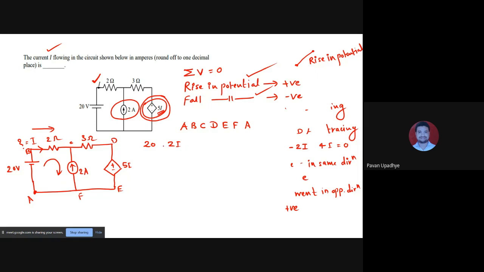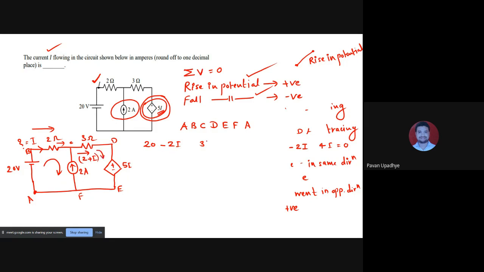the voltage and current are moving in the same direction. So that is why minus 2I. We don't need to go down, we need to go from C to D. So when I go from C to D, I come across 3 ohm. What is the current through 3 ohm? It can be clearly seen that the current through 3 ohm will be this 2 plus this I. So 2 plus I will be the current through 3 ohm, and this will flow downward also.